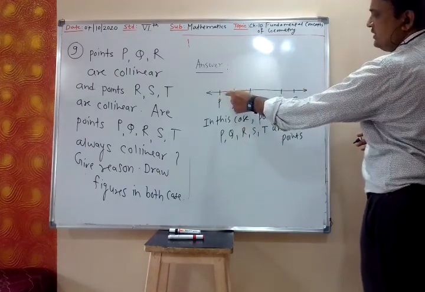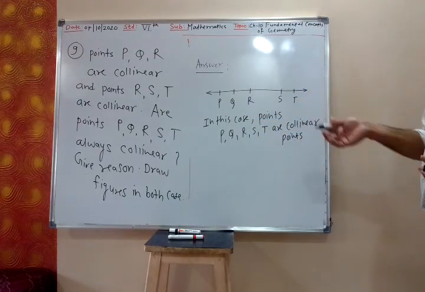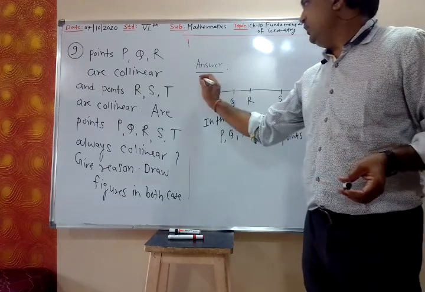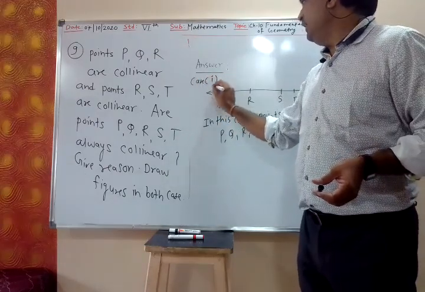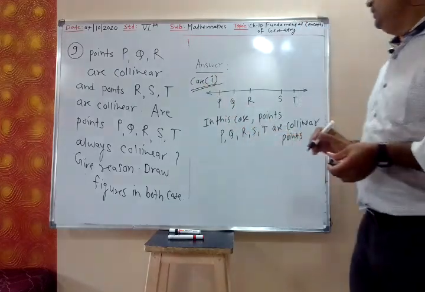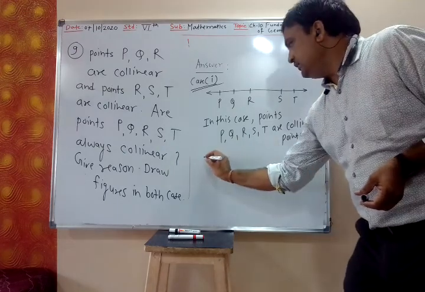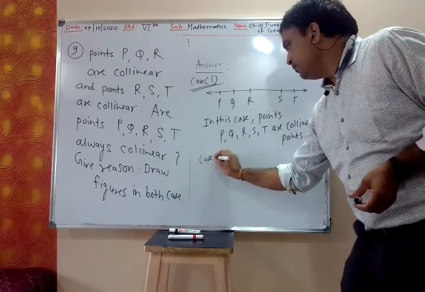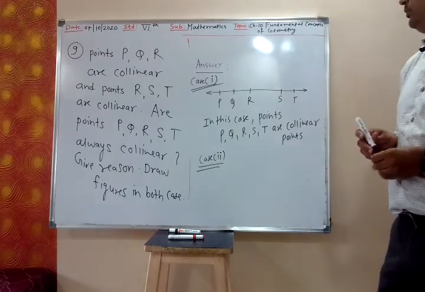So in this case, all the points are collinear. This you write as case 1, where the points are collinear. Now let us take case 2.